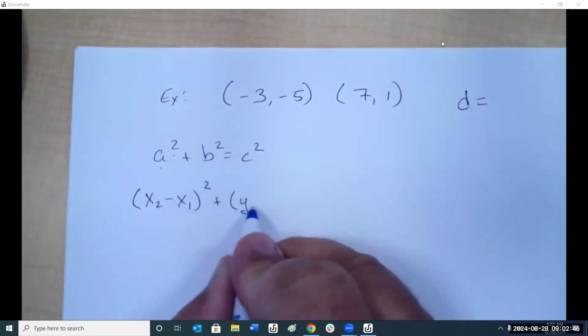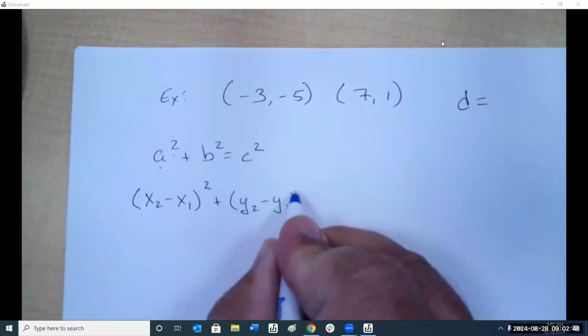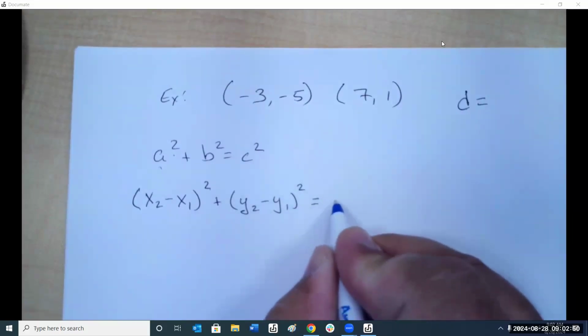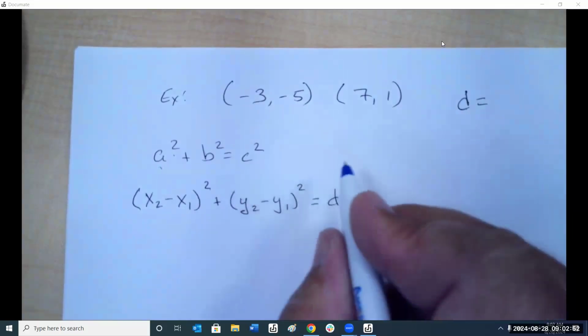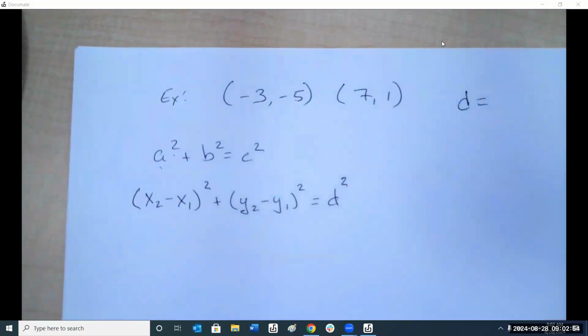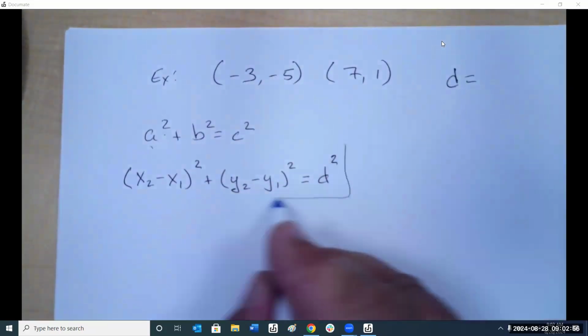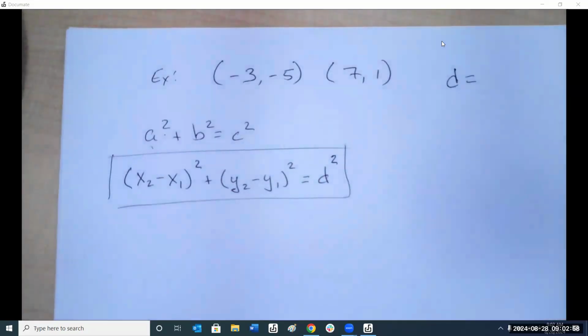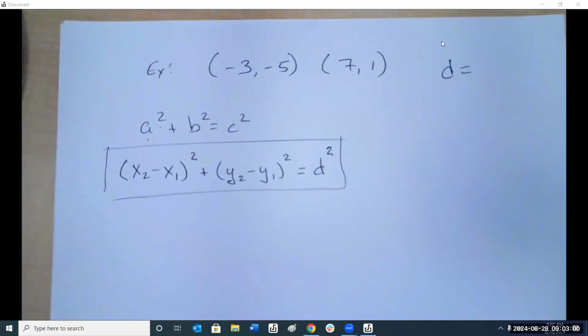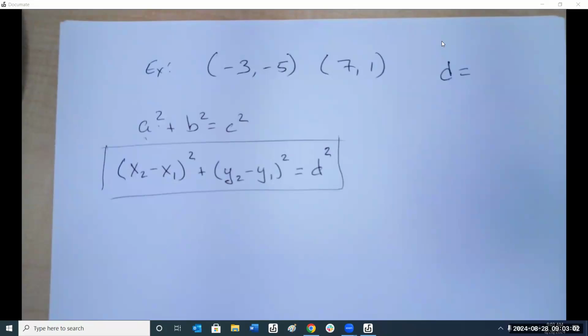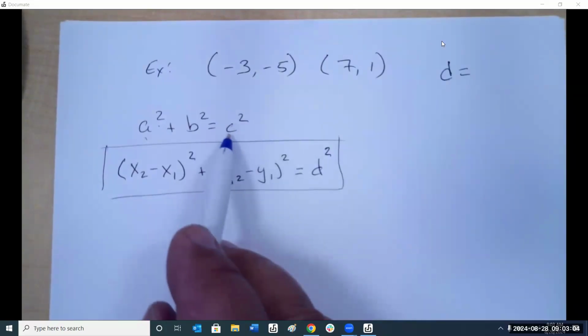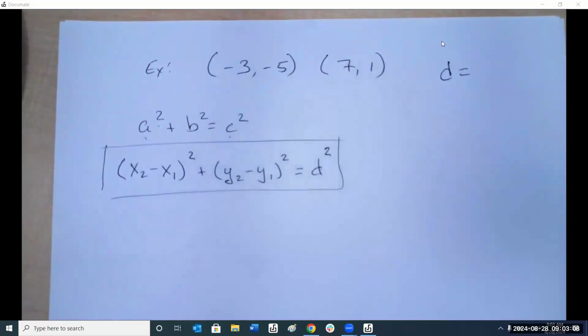B is going to be the vertical distance, y2 minus y1 squared, equals, since c is a hypotenuse, it's the distance. Remember, c, the hypotenuse, was the distance from A to B, from this point to that point.